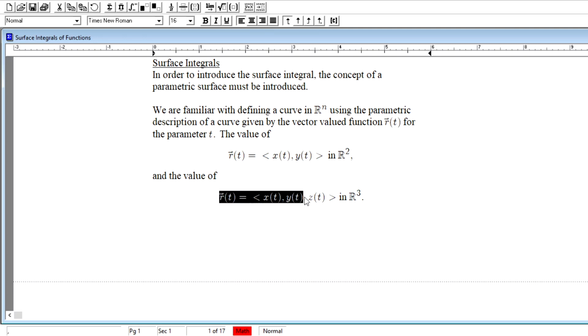And in R^3 we added on a component z of t to describe position with respect to the value z in three-dimensional space dependent upon that parameter t.